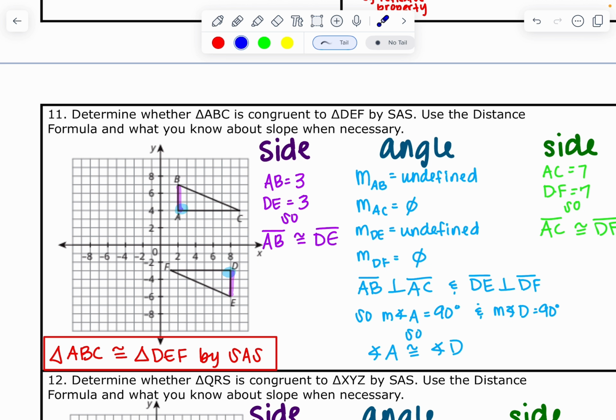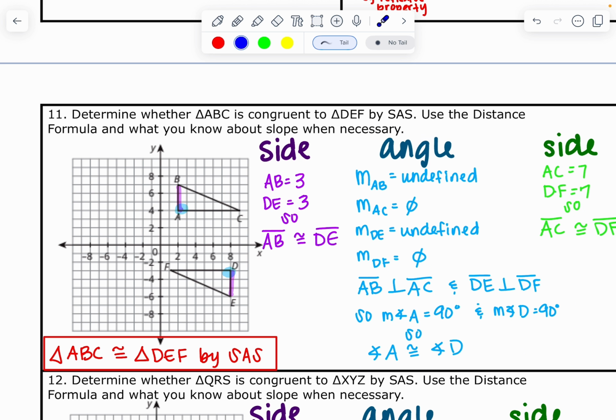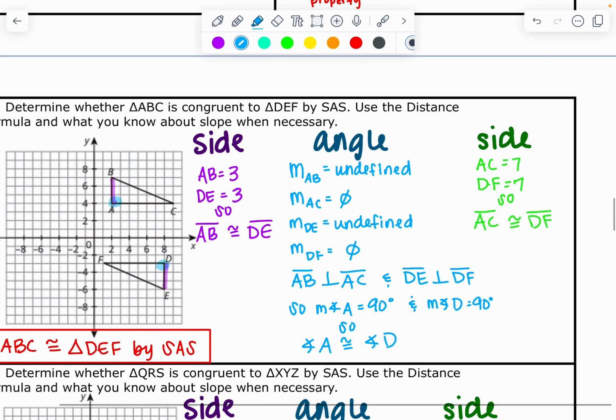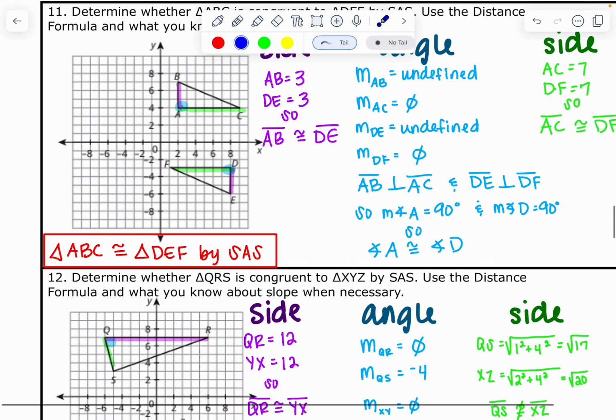And that's 90 degrees because they are perpendicular. And that's all of what I outlined over here, just to prove that angle A and angle D are congruent. They're both 90 degrees. And then lastly, this side and this side are congruent. They're both 7. So these triangles are congruent by side angle side.